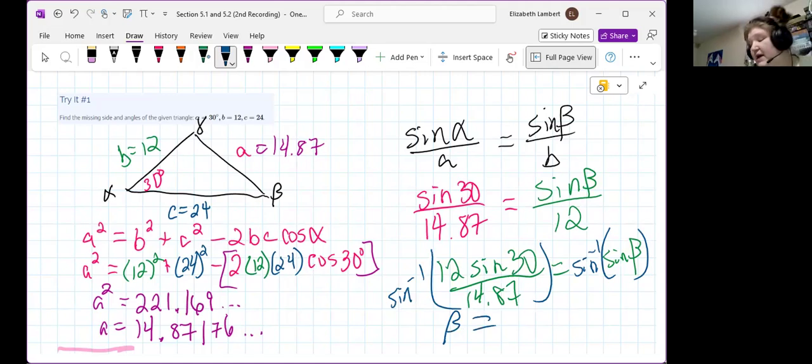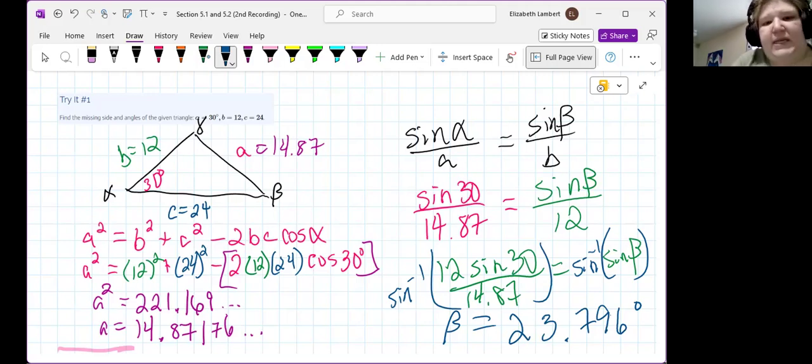So now beta is that crazy calculation. Inverse sine of, open parentheses, the 12 times the sine of 30, close for that little angle, divided by 14.87. All right, this is telling us beta is 23.7969, blah, blah, blah. So smaller than 30.